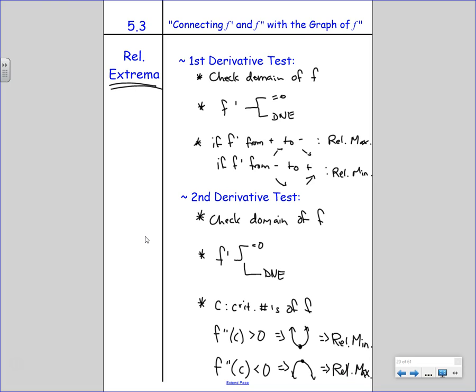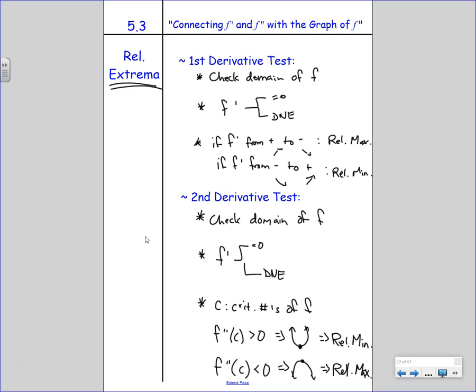So, second derivative test for extrema, critical numbers, and then what do we do? Before and after? No, we don't necessarily even have before. Plug in to the second derivative and check the sign of the second derivative, which tells us concavity of the original.